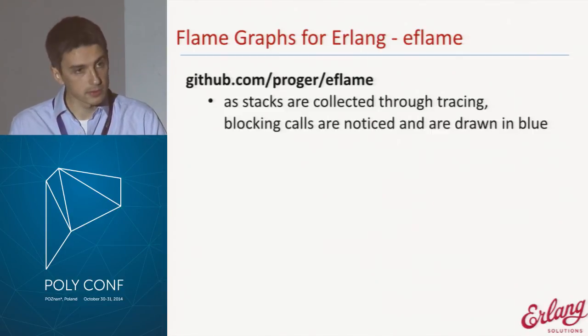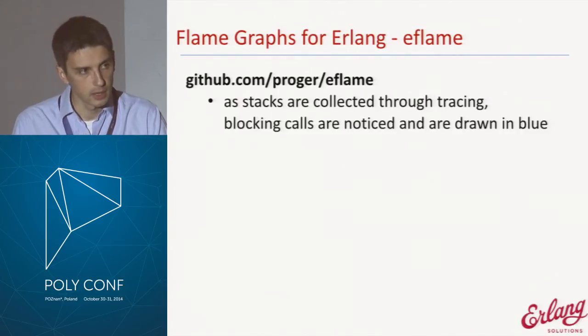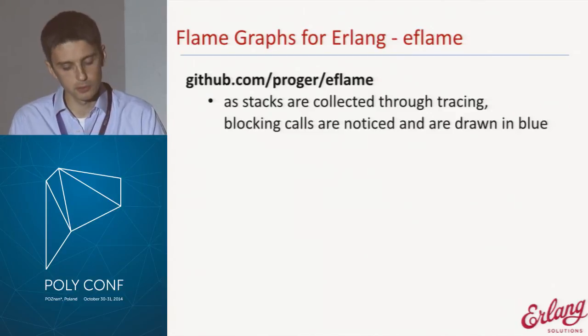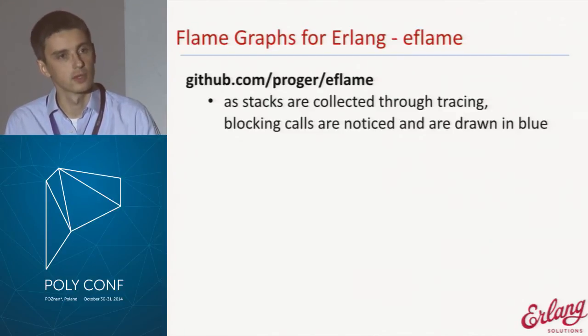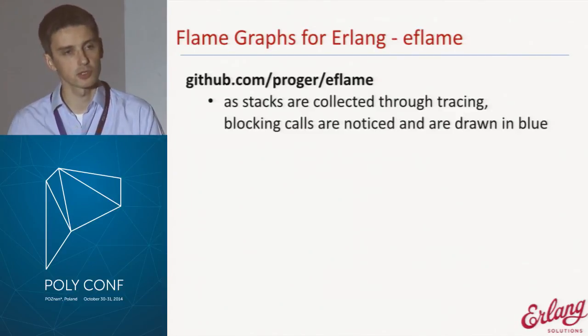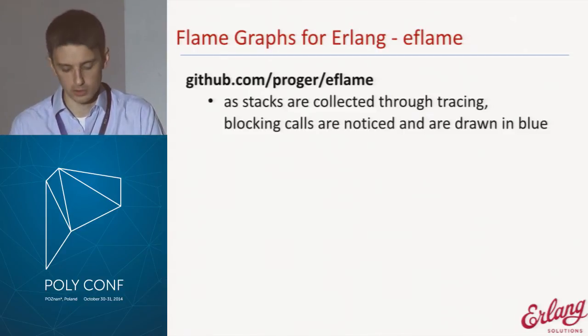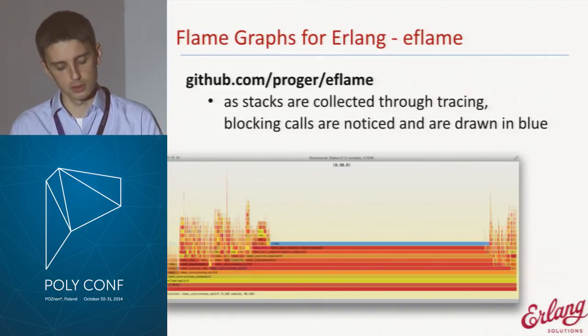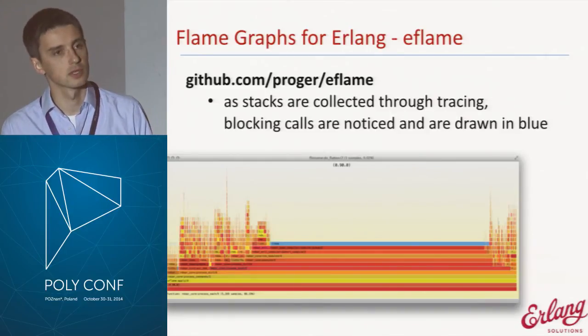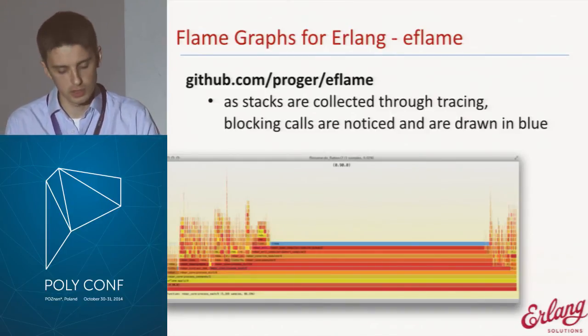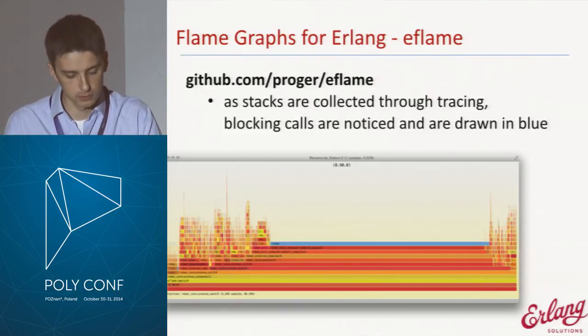A similar tool has been built for Erlang. It's called eFlame. However, because it has been built through tracing, not through just snapshotting stack traces, we can also draw blocking calls, which in this graph are highlighted in blue.